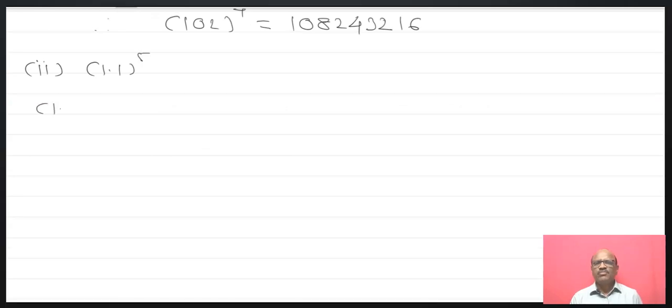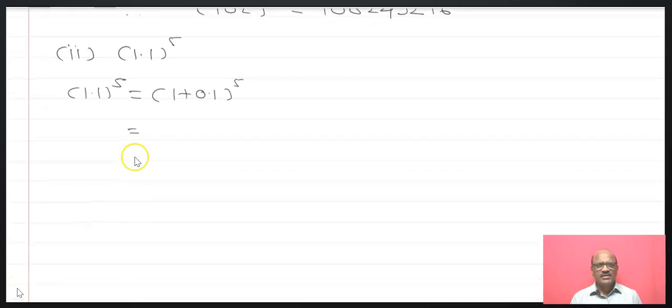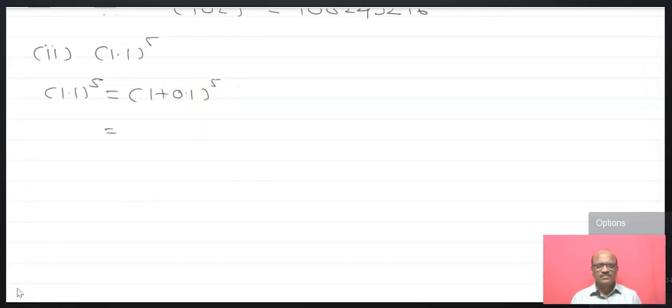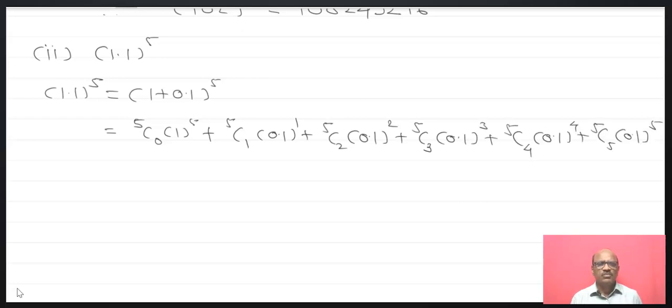Now next is (1.1) raised to 5. Again this can be written as (1 plus 0.1) raised to 5. That is 5C0 1 raised to 5, 5C1 0.1 raised to 1, 5C2 0.1 raised to 2, 5C3 0.1 raised to 3, and in this way the expansion goes.